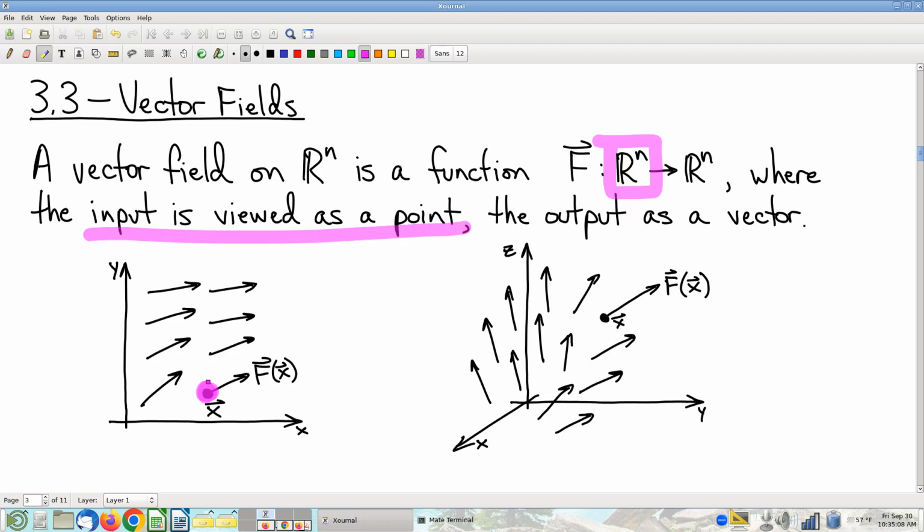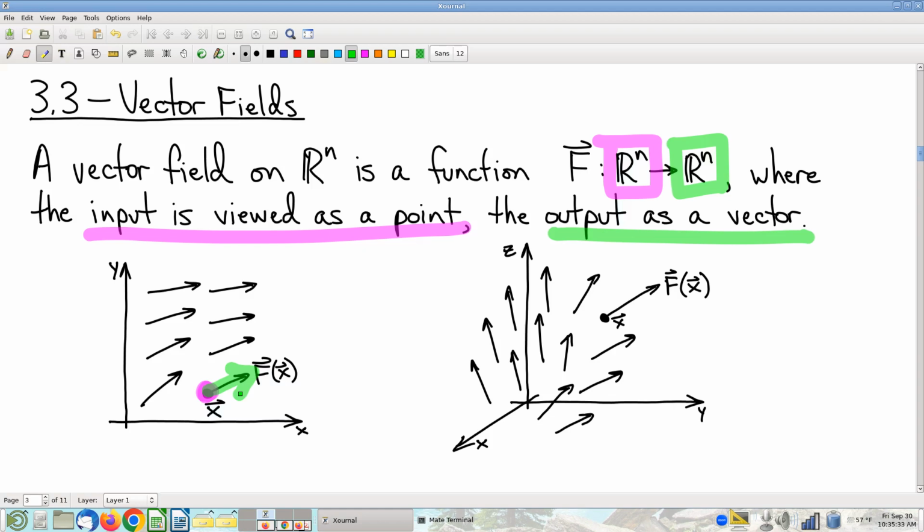So, what goes into the function, the x here, is going to be interpreted as a point, and then what comes out will be interpreted as a vector, which I'm going to represent, as usual, with an arrow, but specifically an arrow whose tail is at the point that gave rise to that vector.